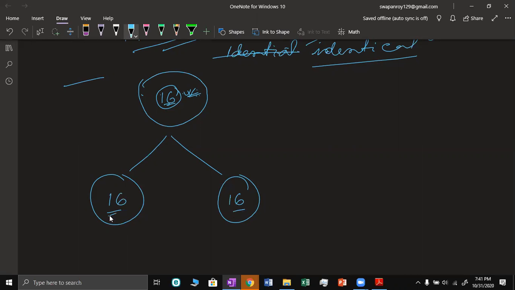Both will have 16 chromosomes, and the content of DNA also will be the same. So these two daughter cells are identical to each other, as well as identical to their mother cell.